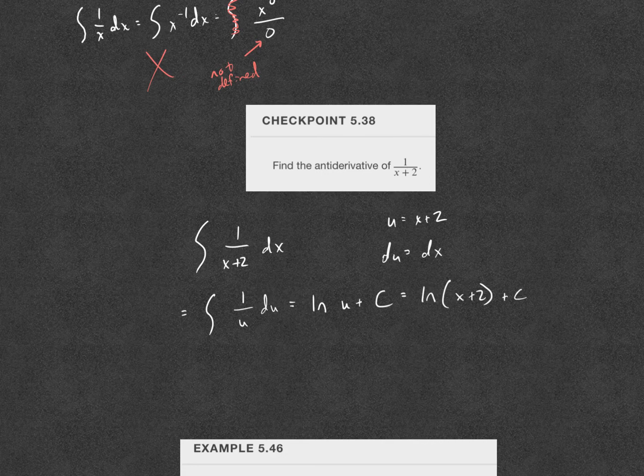And one thing that I didn't mention up above, but I should say it here, is that when we evaluate this antiderivative, we need not parentheses like I have here, but vertical lines for the absolute value. It's the natural log of the absolute value of x plus 2. The reason that needs to be there is because this function, 1 over x plus 2, x can be positive or negative. That function exists on both sides of the y-axis.